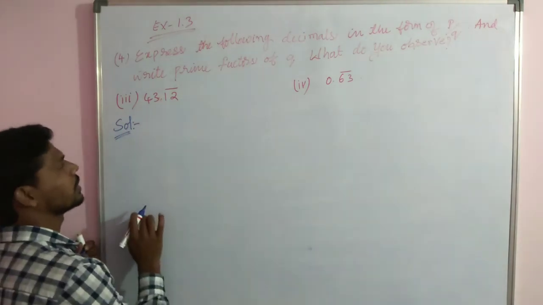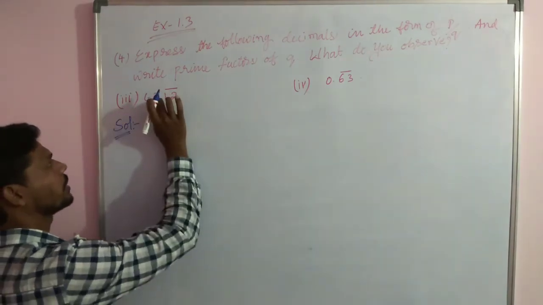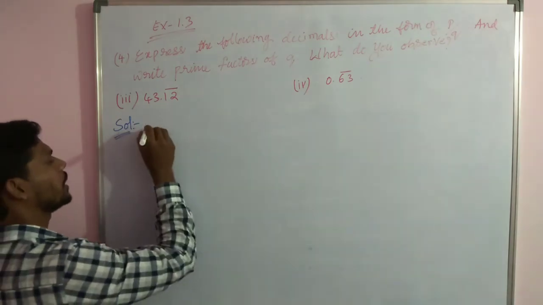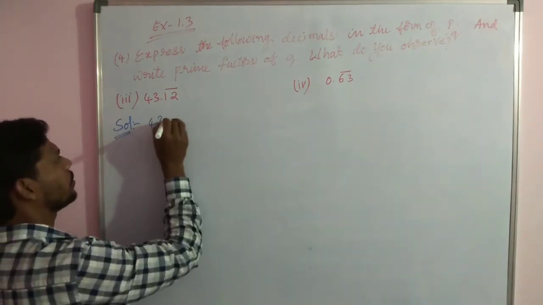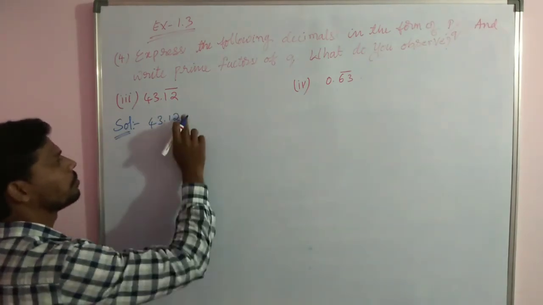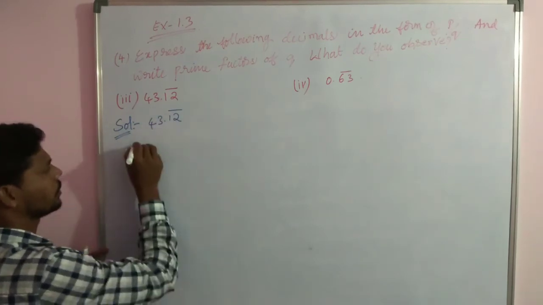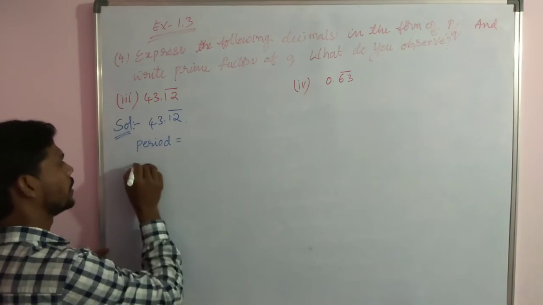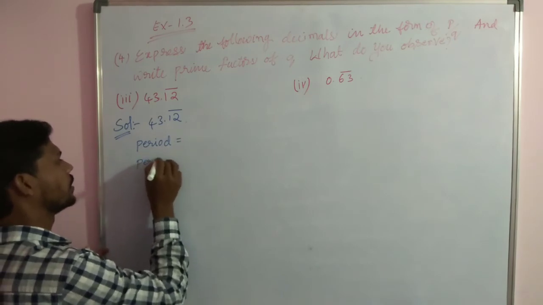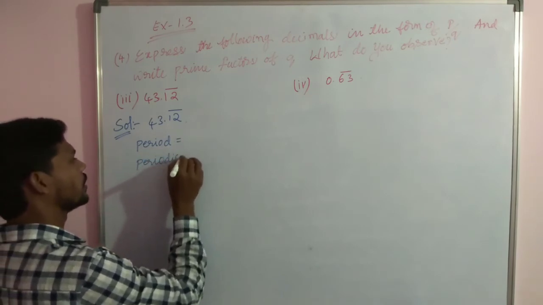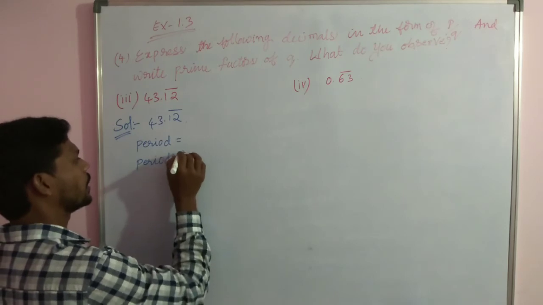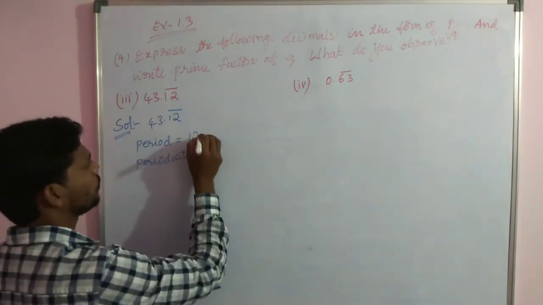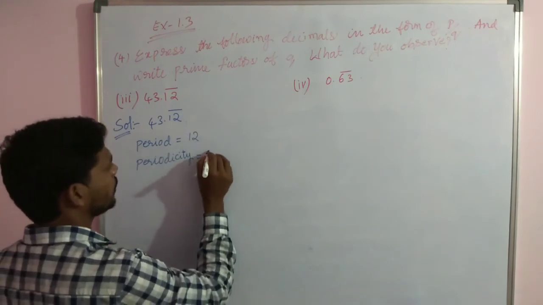Once recall period and periodicity. Here 43.12 has a bar over 2 digits. The period is 1, 2, and the periodicity is 2.